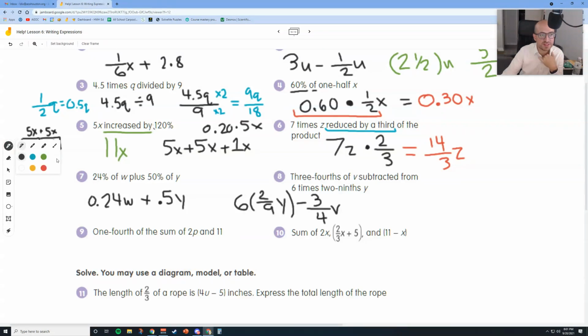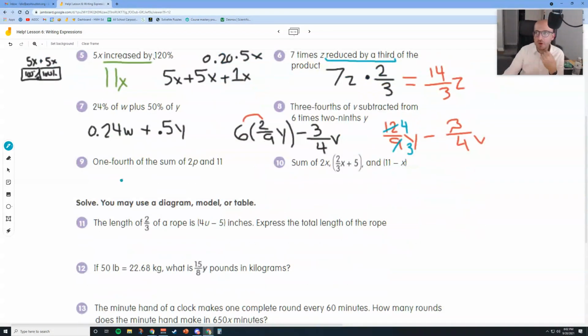Can I simplify this? Yeah, I can use the distributive property. 6 times 2 is 12/9 y minus 3/4 v, and technically 12/9 divided by 3, 4/3 y minus 3/4 v.